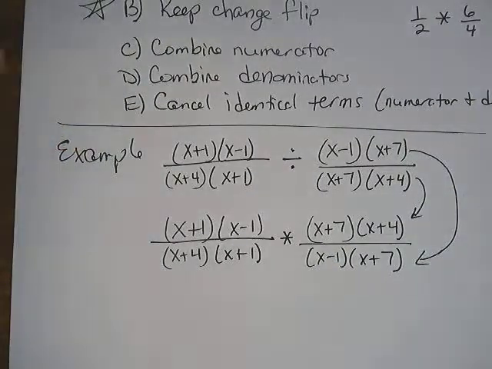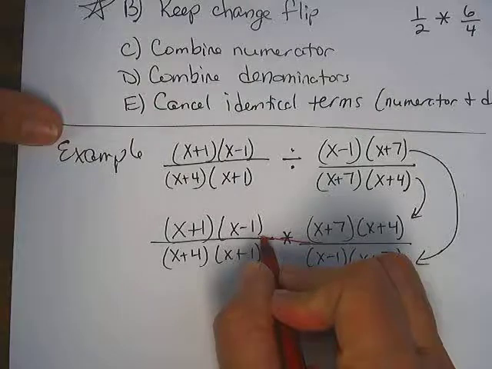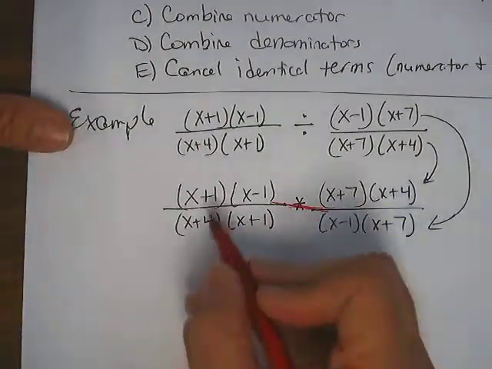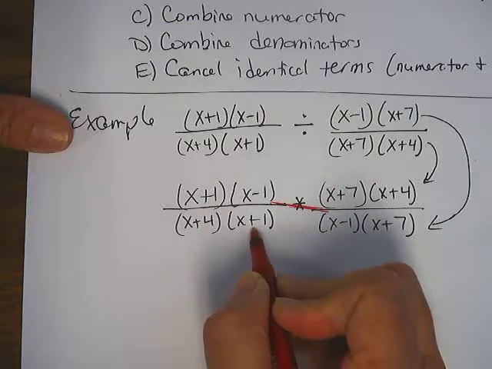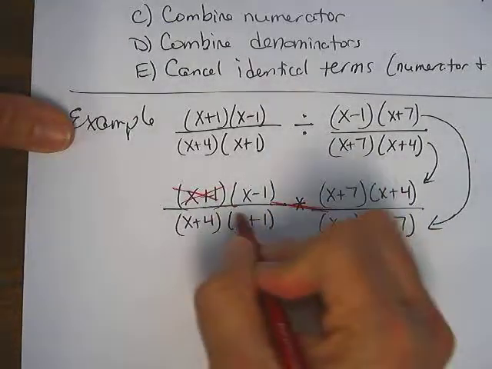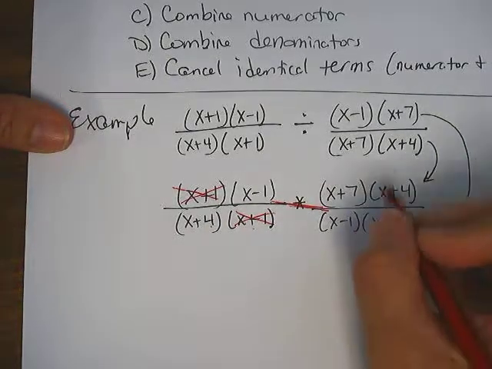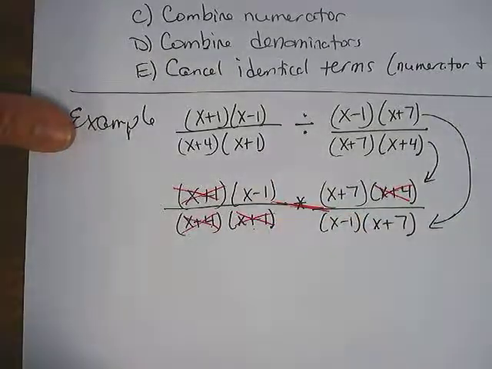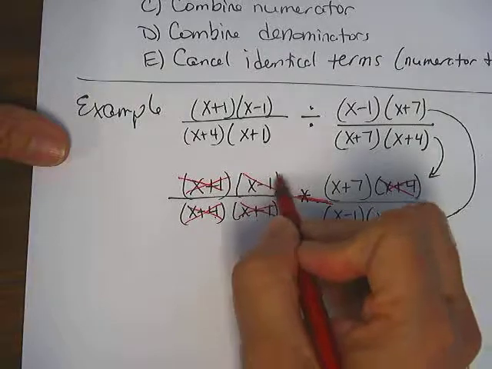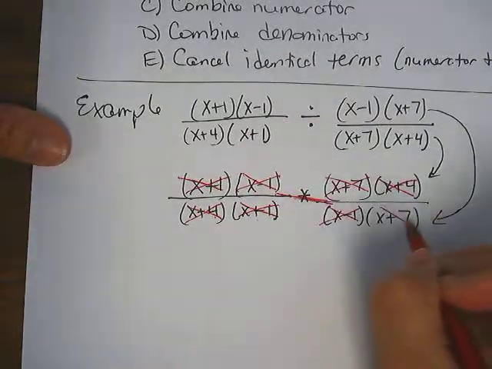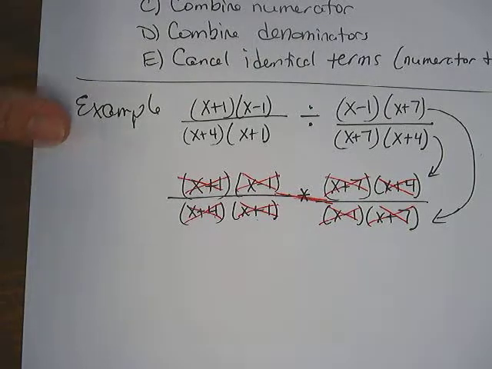And now we extend our divide line and start canceling. So I have an x plus 1 in the numerator and I have 1 in the denominator. I have an x plus 4 in my denominator and 1 in the numerator, so I can cancel those. I have an x minus 1 in both locations, and I have an x plus 7 divided by x plus 7.